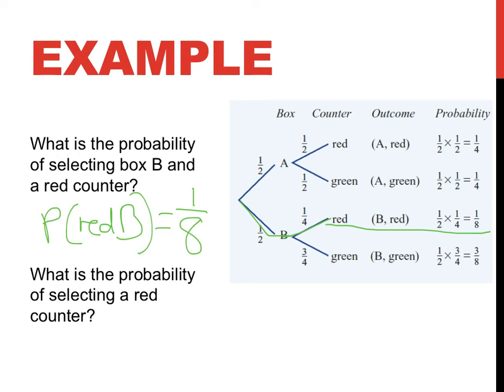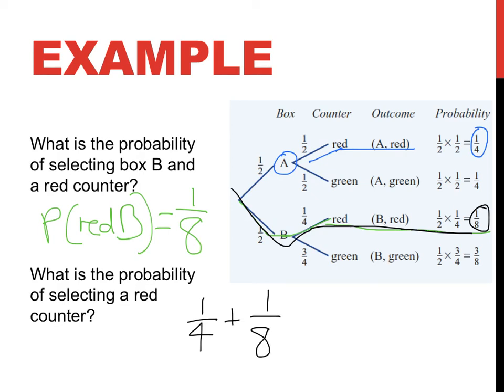This is the hard one. I could get a red counter from box A if I go up here, and that was a probability of a quarter. And then there's the probability of selecting a red counter from B. That's 1/8.